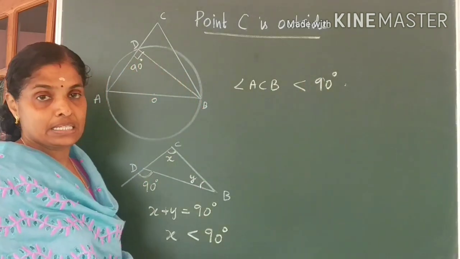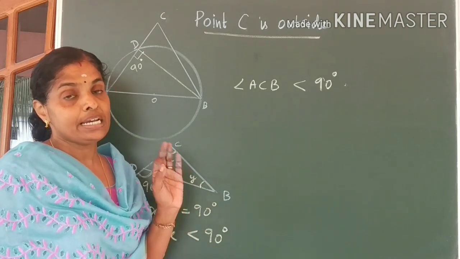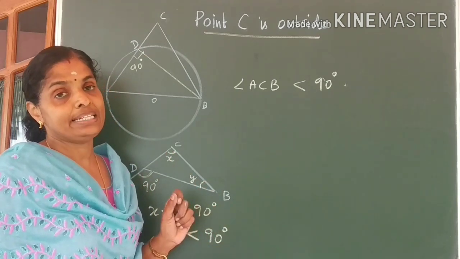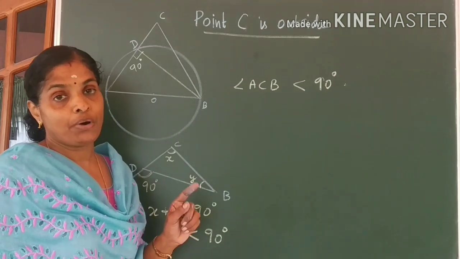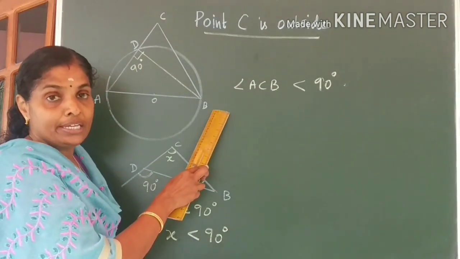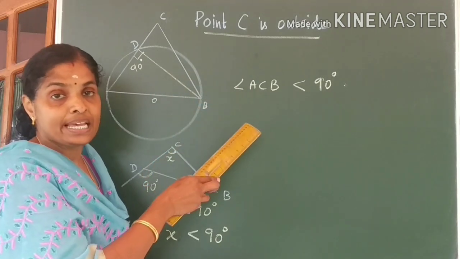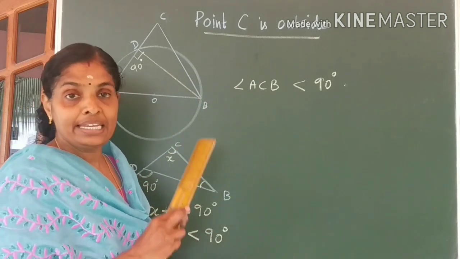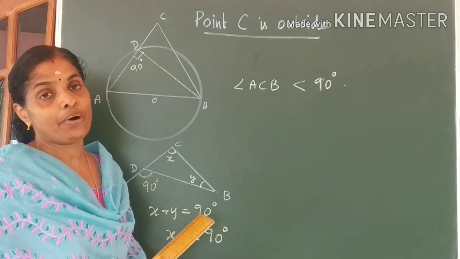So what did we discuss now? We have discussed 3 points. Which are the 3 points? First point, if the ends of the diameter are joined to a point on a circle, we get 90 degree. What is our second point?